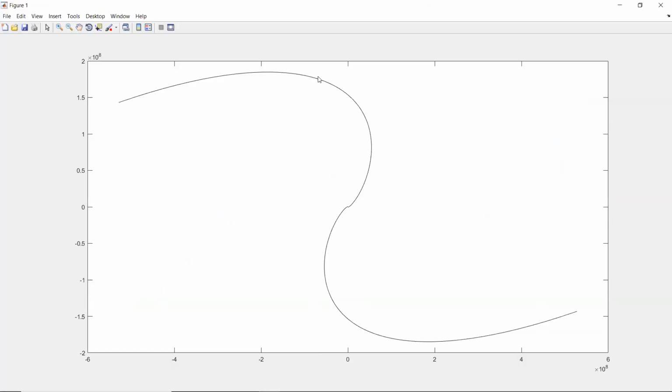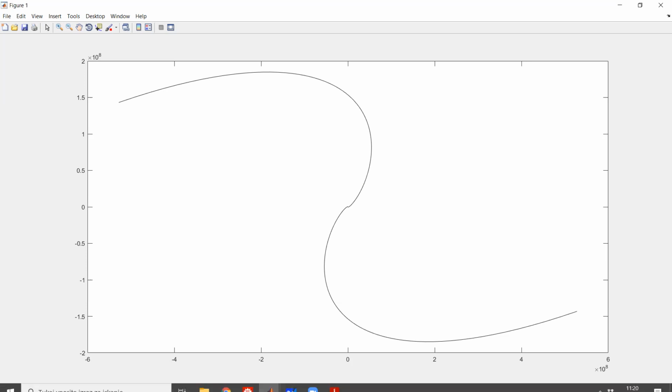And now we only got this black curve. You see that if I just change the interval, I can get too big a range in one direction, and then the picture doesn't become clear anymore.